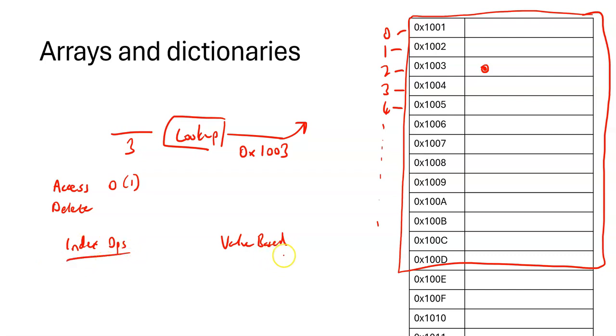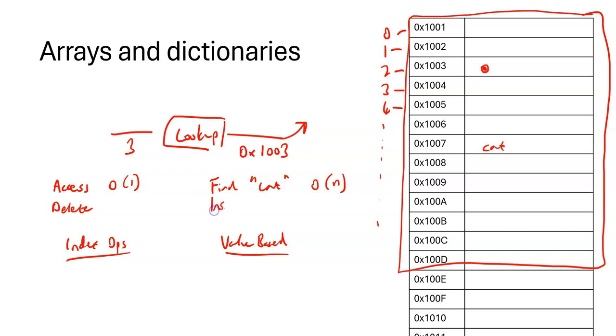So for example, if we want to find the word cat in here and we don't know where it is, we have to cycle through every item in the array. So that is going to be order n because we have to look potentially at every single item.